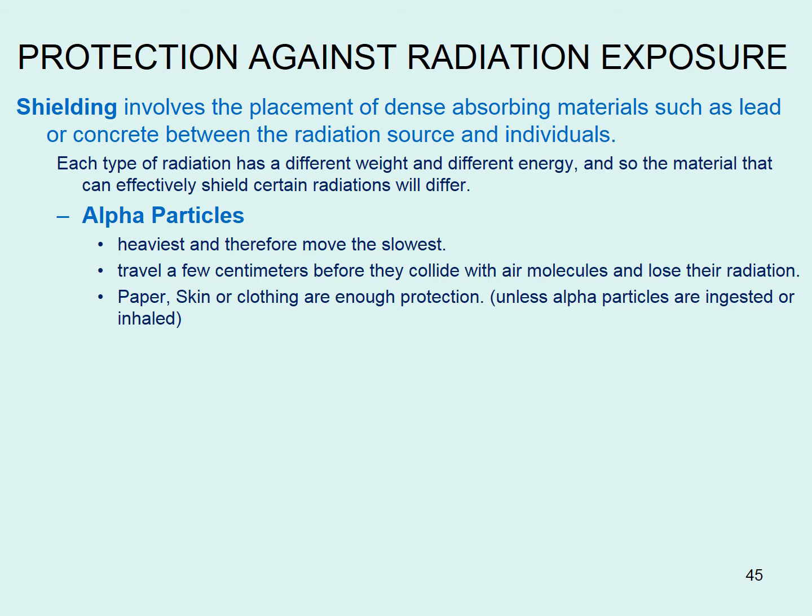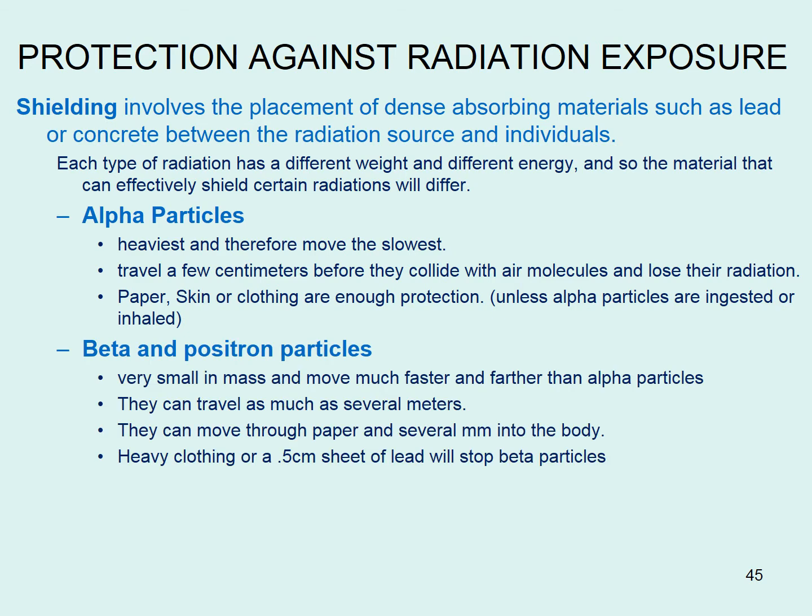They only travel a few centimeters before they collide with air molecules and lose their energy. However, if you ingest or inhale alpha particles, they have a much higher RBE factor, and they can do a lot of damage.